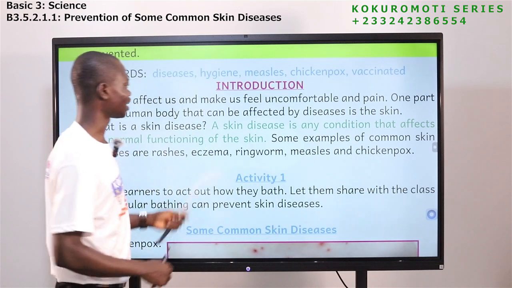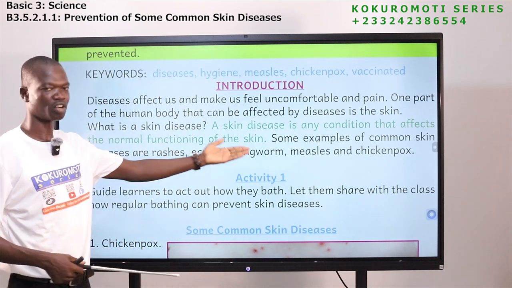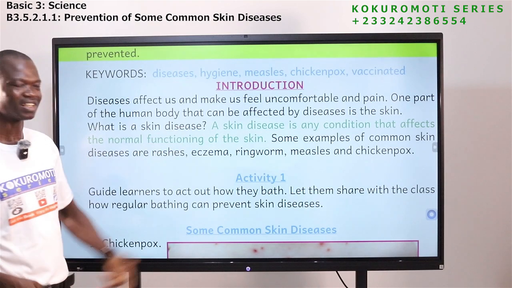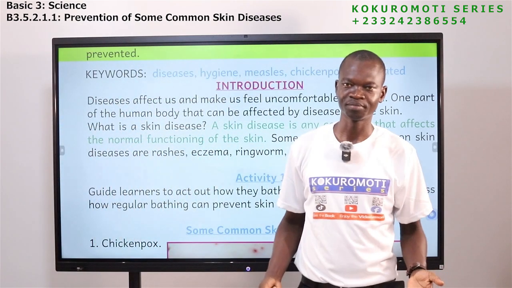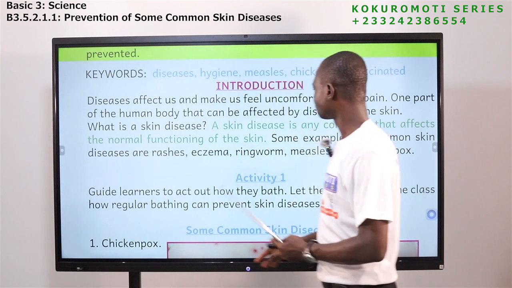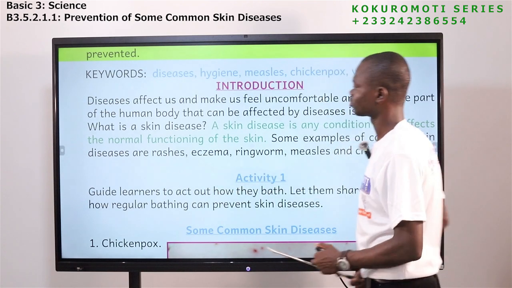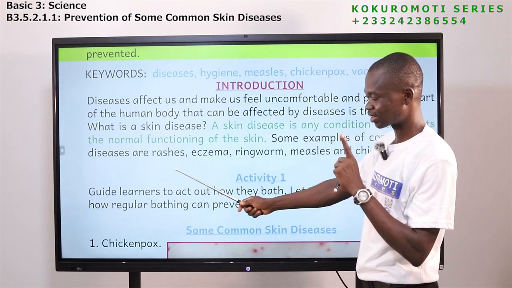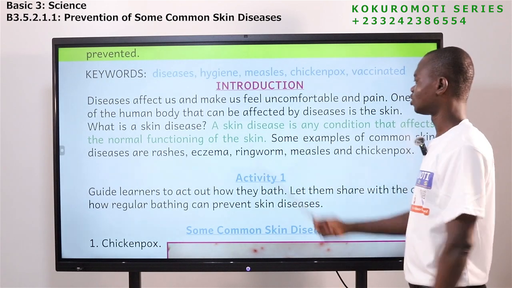So we are saying that a skin disease is any condition that affects the normal functioning of the skin, and we have mentioned some examples. Do you remember them? Let's go over. Some examples of common skin diseases are: one, rashes, which affect our skin.